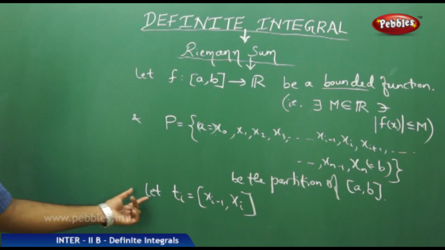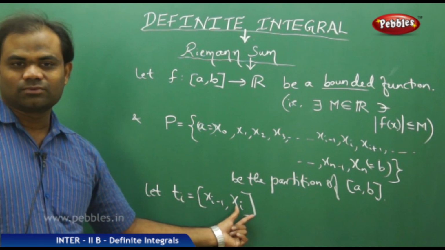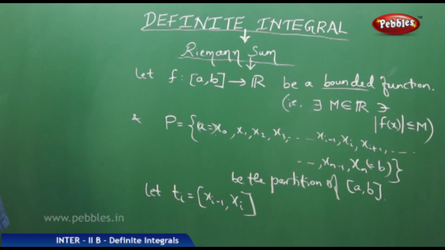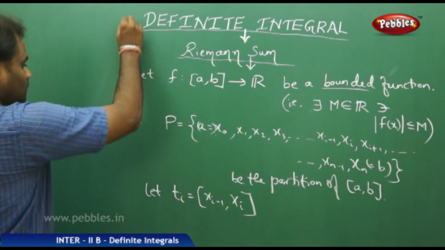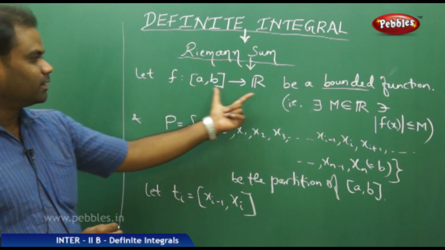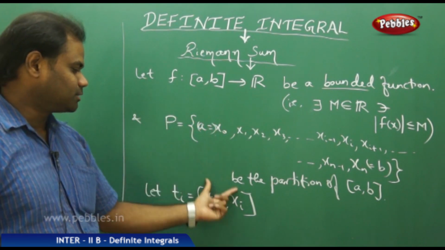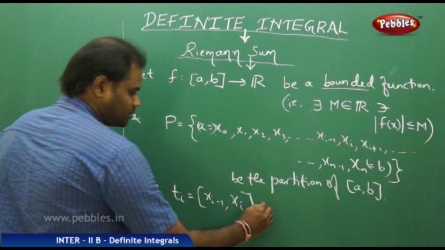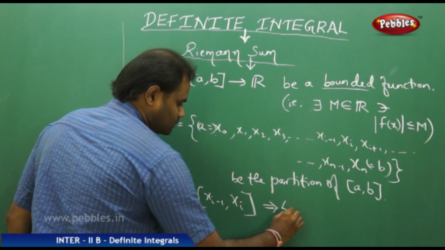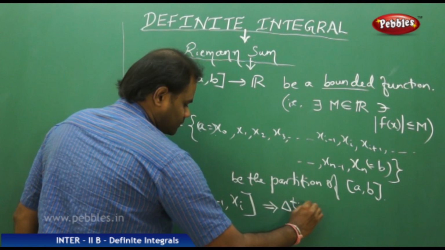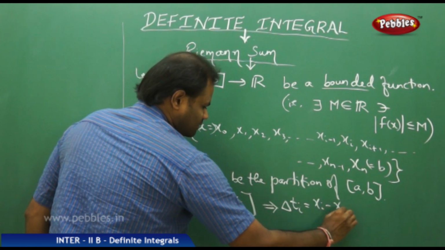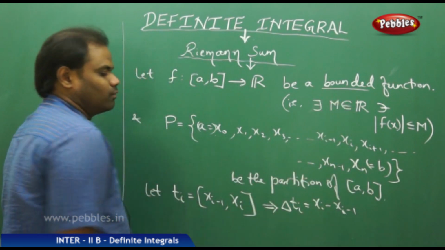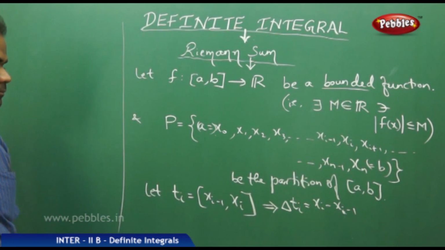So I assume the interval Ti as xi minus 1 to xi, for which I am going to define the Riemann sum. So with the assumptions of f being a bounded function and P a partition of AB and this interval, we know that the length of the interval, delta Ti, is nothing but xi minus xi minus 1, and this is how we define delta Ti.